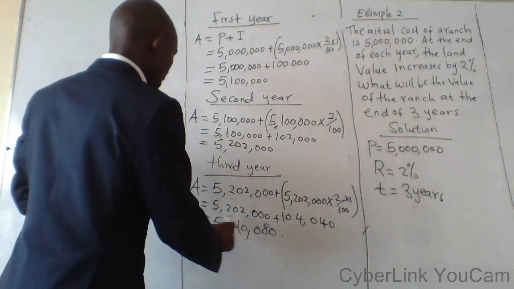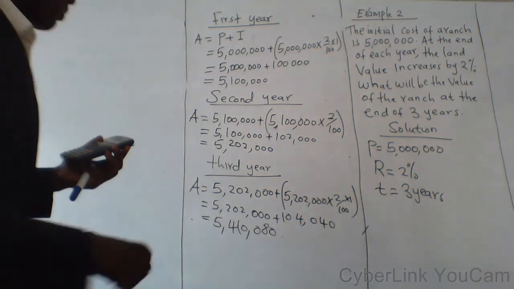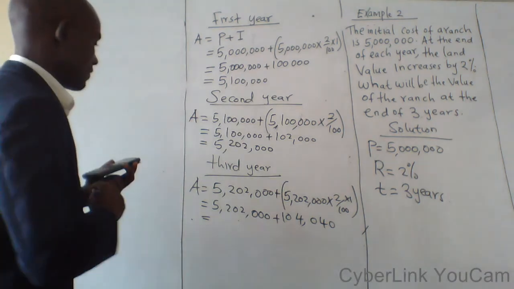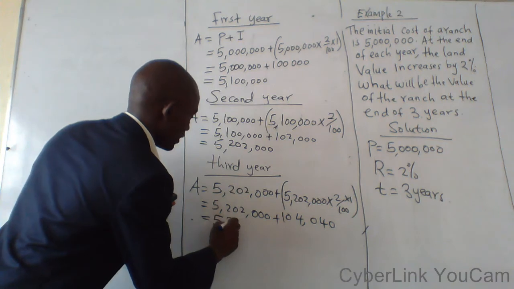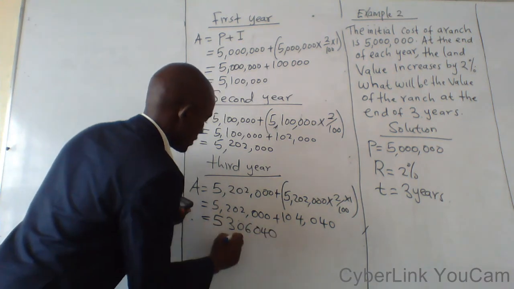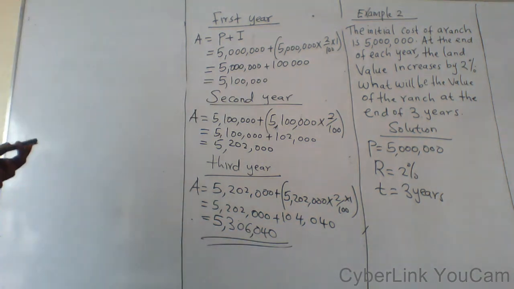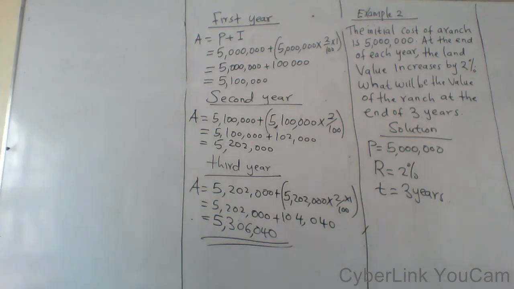You will get 5,306,040 as the total value. That is the total value you will get at the end of this particular year.